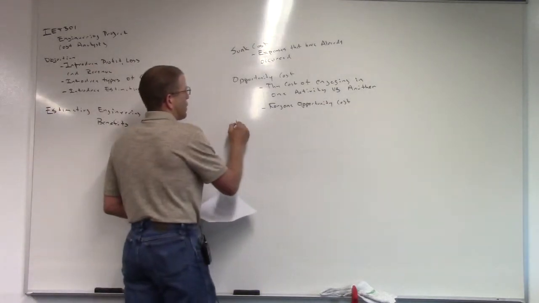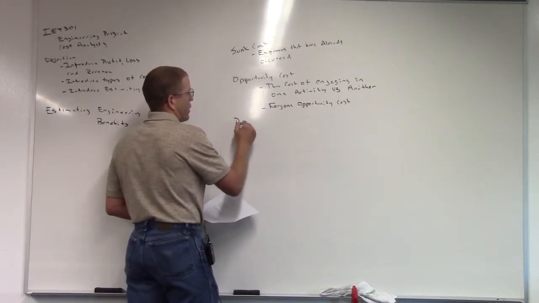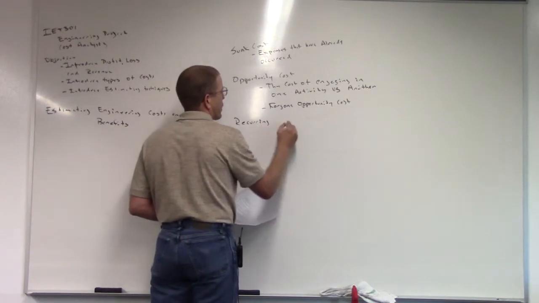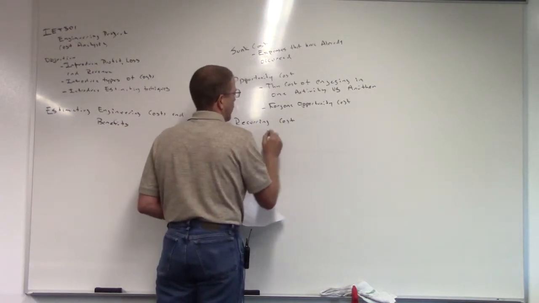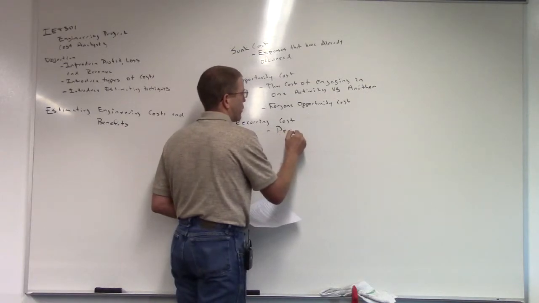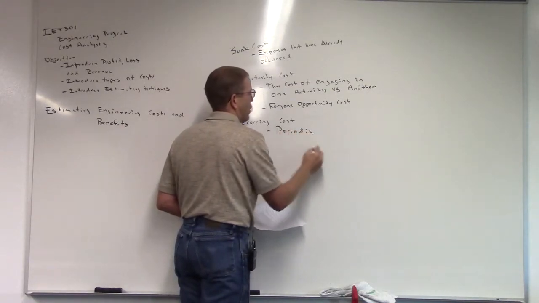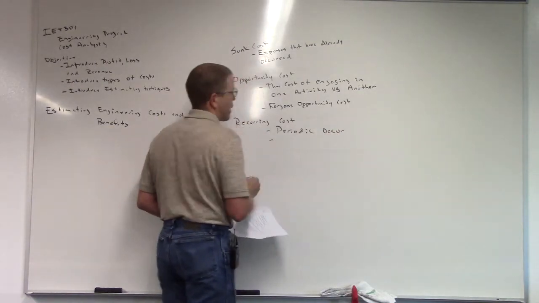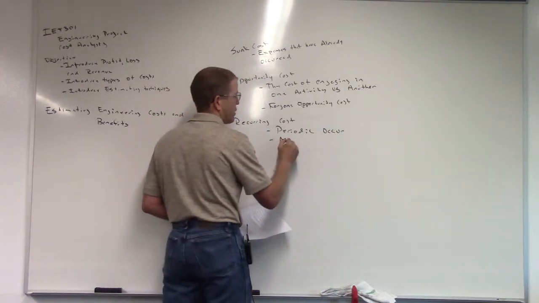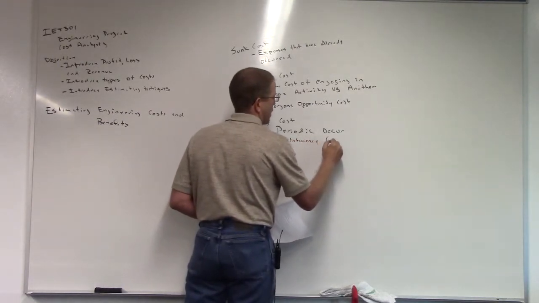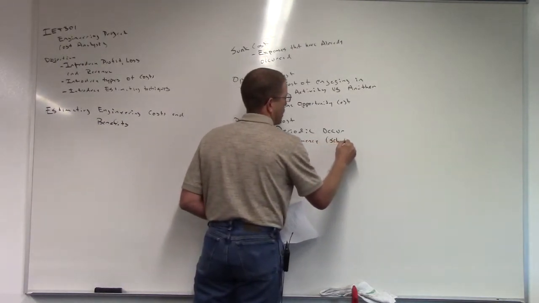Several other things that we are introduced to in this chapter are recurring costs that periodically occur. A good example of this is maintenance, and I better say scheduled maintenance.